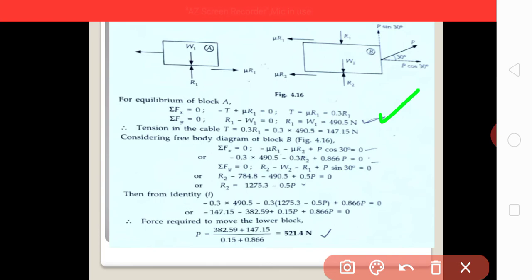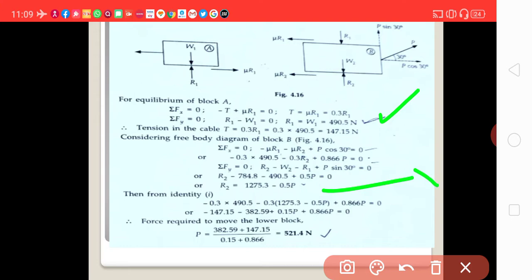Then R2 equals 1275.3 minus 0.5 P. This is one equation.